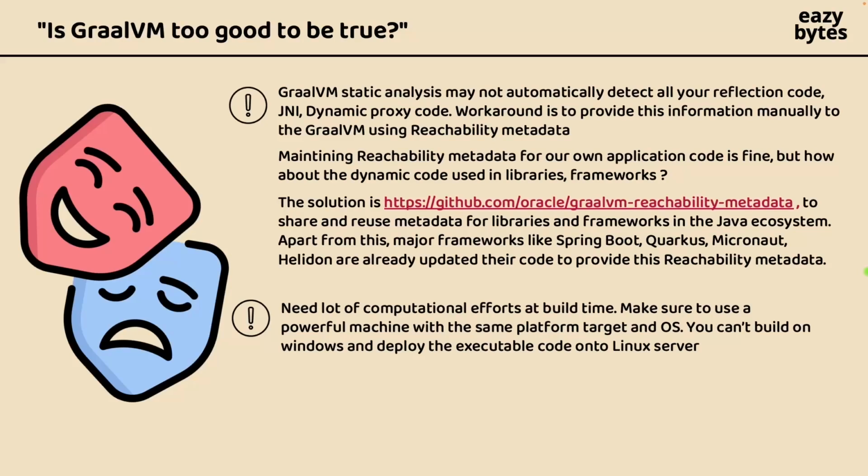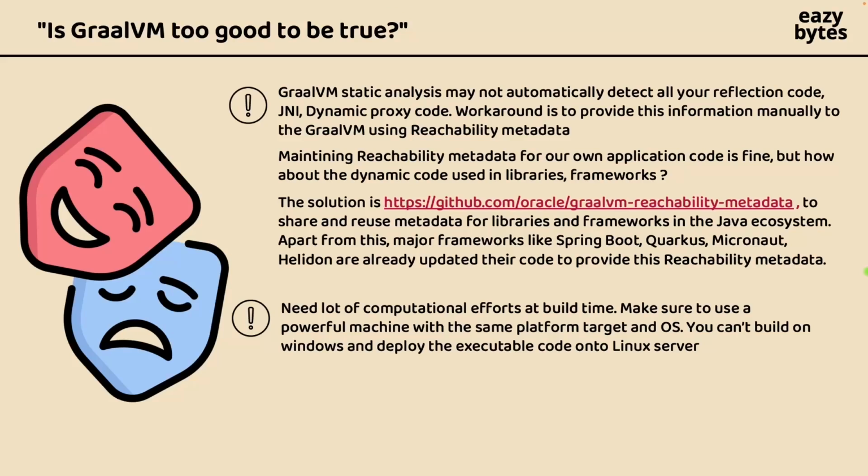Suppose you are trying to deploy into a Linux server in production, you can't compile your code on macOS or Windows, because whatever natively executable code gets generated is going to be specific to your local platform. That's why always make sure you are aware of the production target platform and OS, and use the same platform and OS inside your build servers.